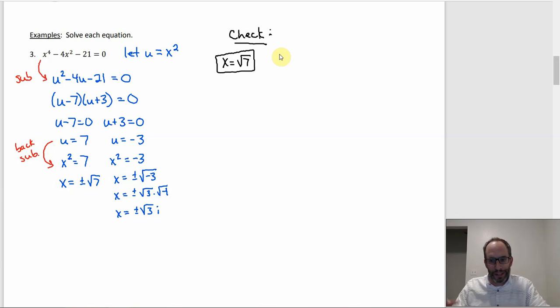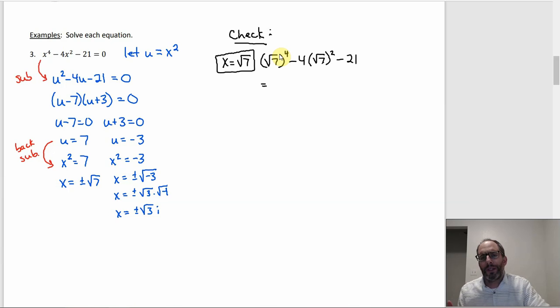So rather than setting the 2 sides equal to each other or anything like that, let's just see what happens if I sub in. So I'll have the square root of 7 to the 4th minus 4 times the square root of 7 squared minus 21. And if you don't really see what's going to happen with these, you could rewrite a square root as raising to the power of 1/2.